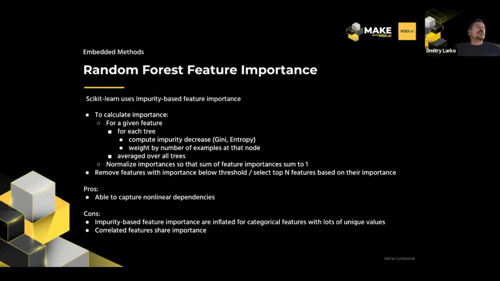If you have a high cardinality categorical column, and high cardinality means you have a lot of unique values in your categorical column, and you one-hot encode it, the feature importance for the column in general is going to be kind of inflated, because every single one-hot encoded feature is going to be not very helpful for the model in general.